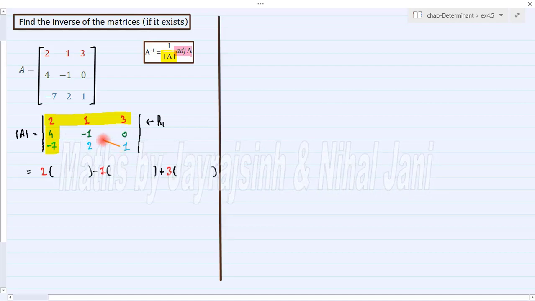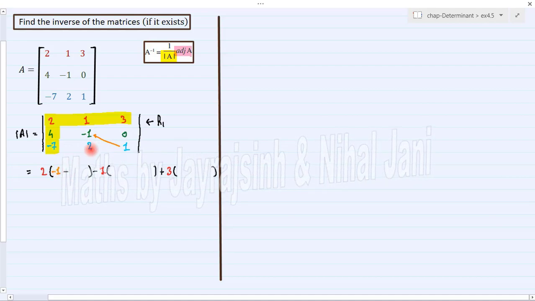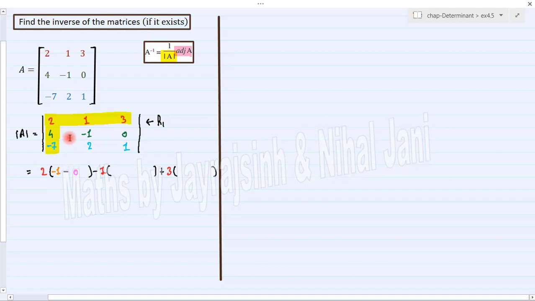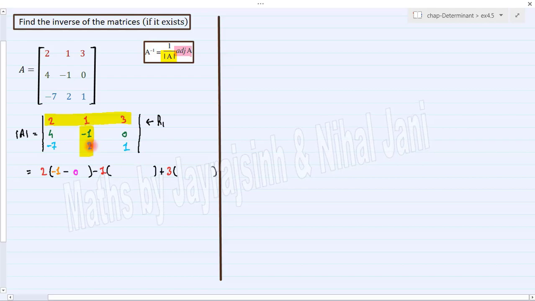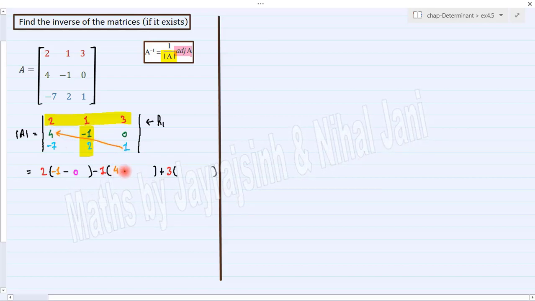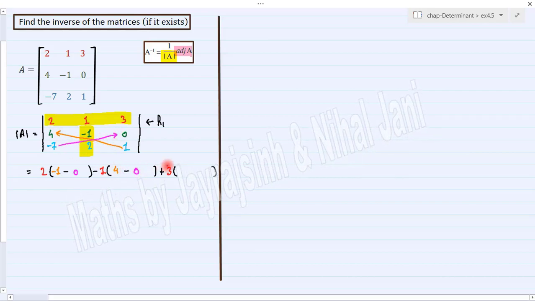So let's cross multiply. 1 minus 1 is minus 1 minus 2 zeros are 0. Then the minor of next element can be obtained by ignoring first row and second column. This time we have to cross multiply. 1 with 4 will give us 4 minus 7 with 0 will give us 0.